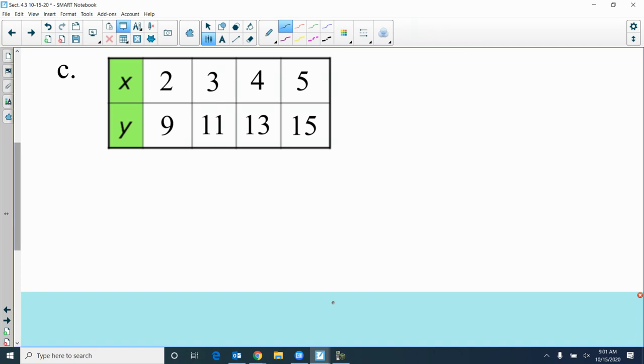Okay, so you said, all right, y equals 4.5x. Because what is 4.5 times 2? 9. But what's 4.5 times 3? 13.5. So it's not 11, so it can't be that. All right, anybody else have any other suggestions?